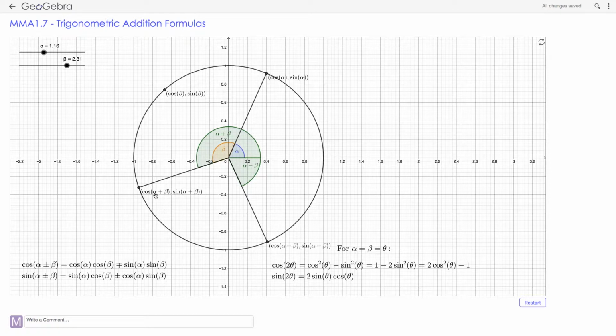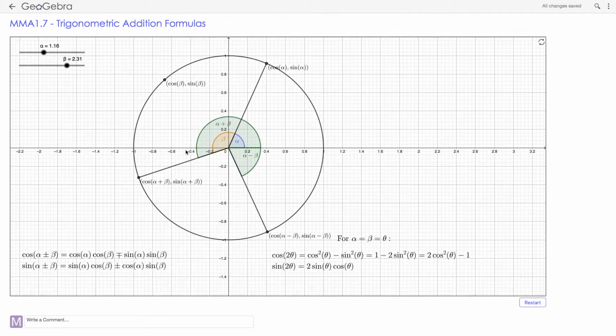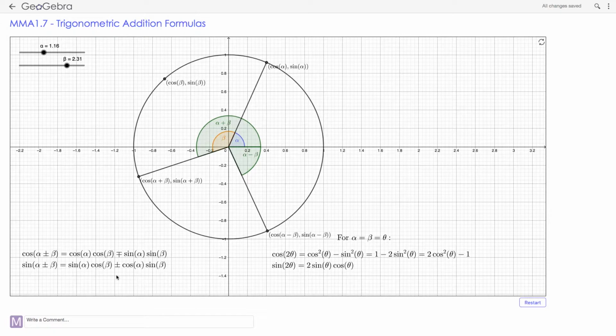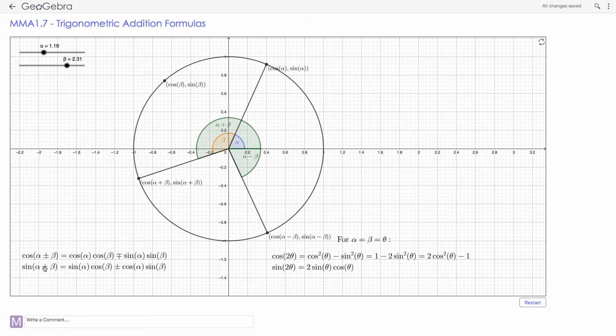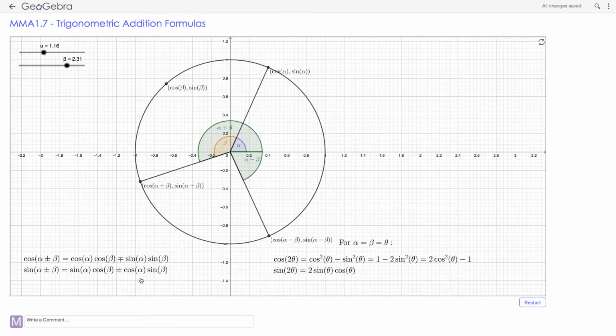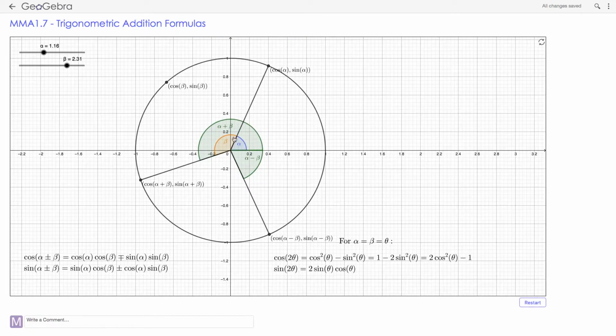Then to get the sine of alpha plus beta, the y coordinate, sine of alpha plus beta is equal to sine alpha, the number up here, times cosine beta, the number here, plus, so plus goes with plus in this formula, cosine of alpha, so that's this number, times sine of beta, this number.